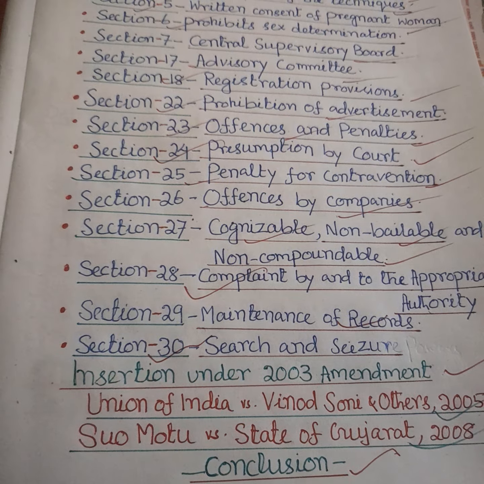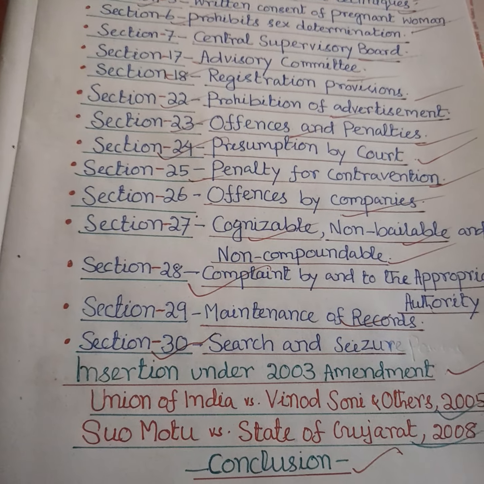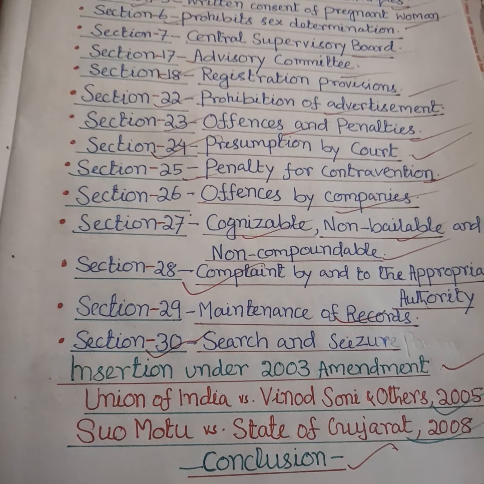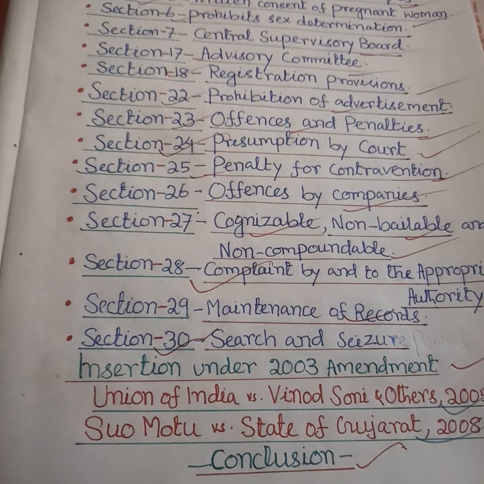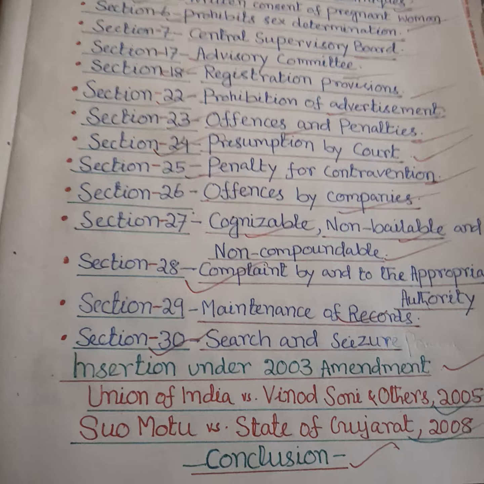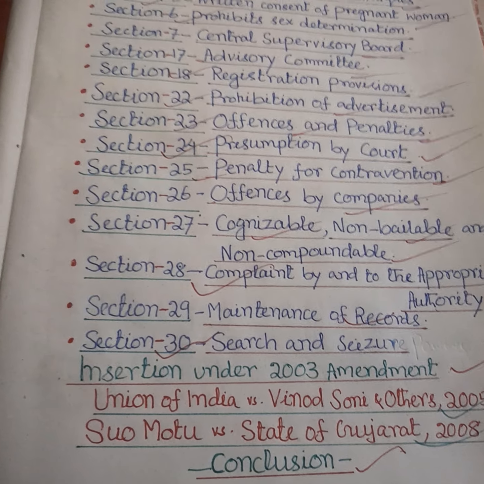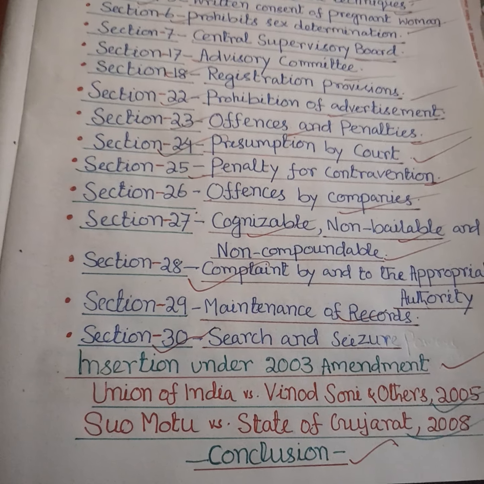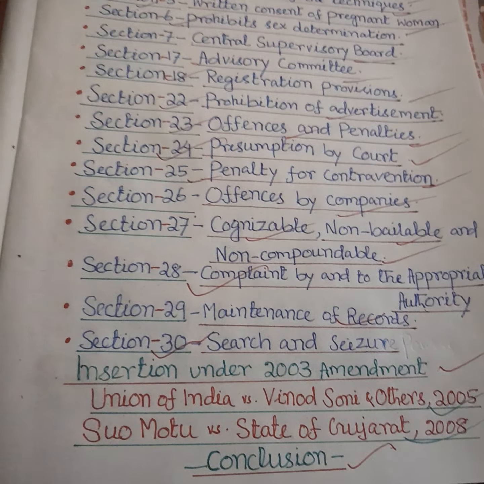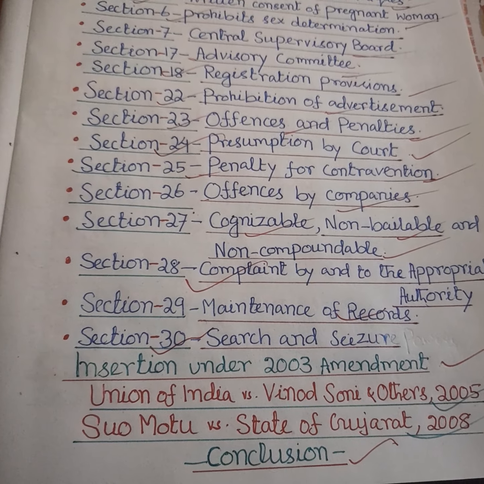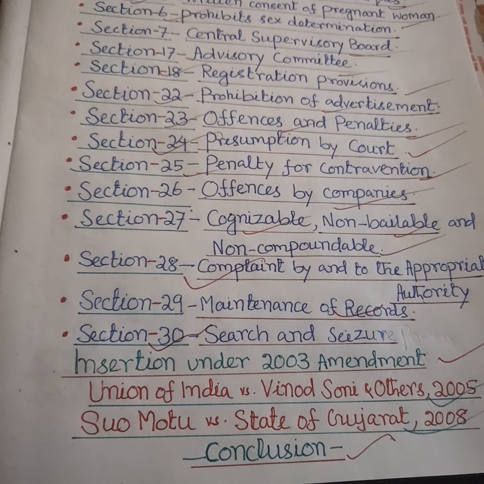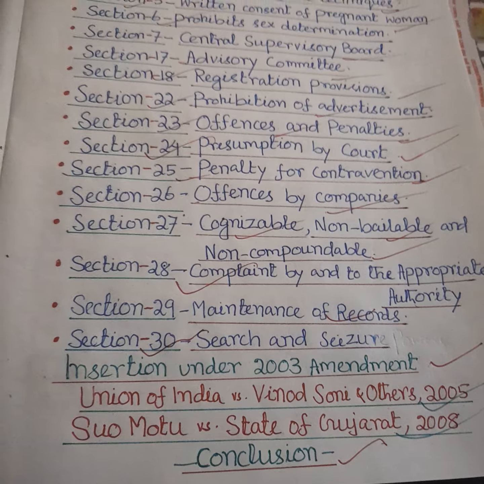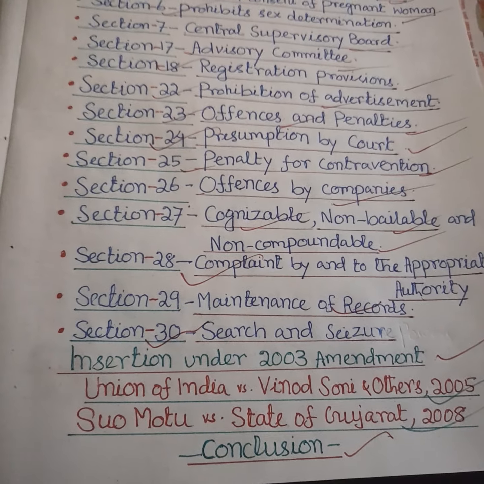1994. So, in particular, we have discussed the objectives relating to prenatal sex determination, and in particular female feticide, and also the amendment of 2003, which renamed the Act as Preconception and Prenatal Diagnostic Techniques Prohibition of Sex Determination Act of 2003.